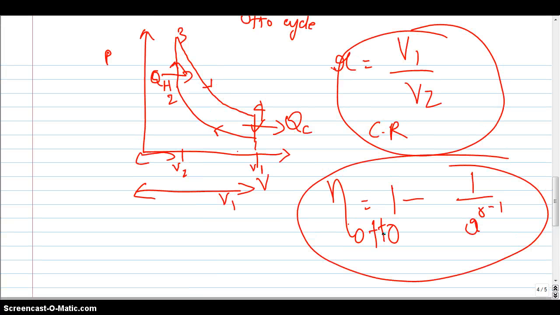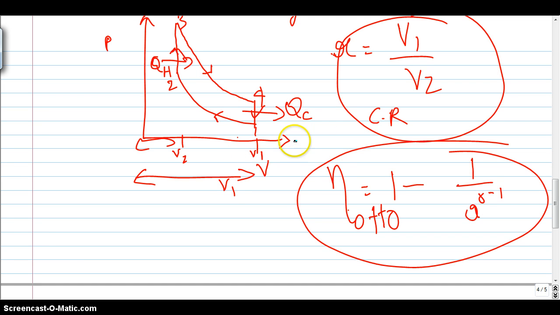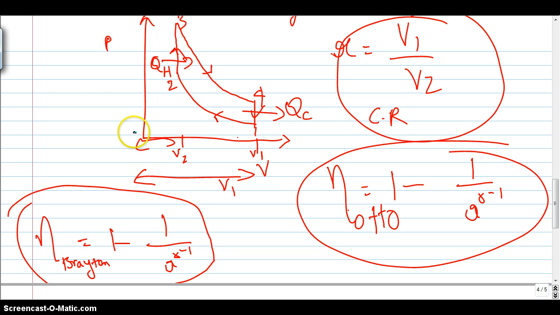Now, we have a similar expression for the Brayton cycle. I will just come to it. What the Brayton cycle is, basically, is what you have in a jet engine. It's a gas turbine process.